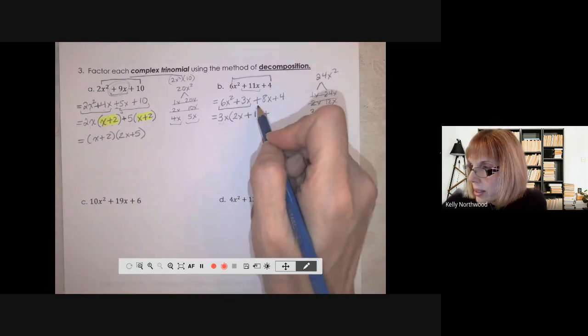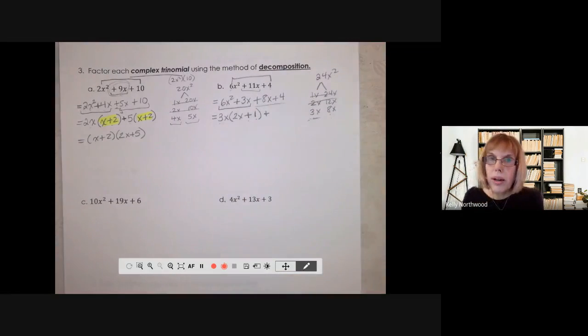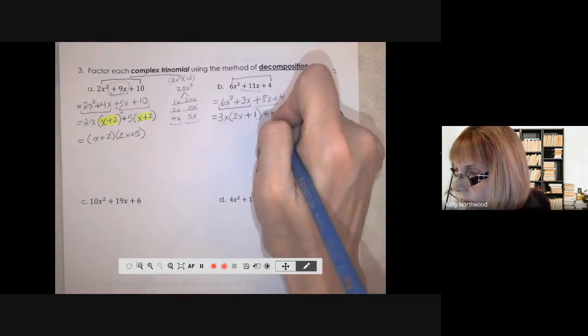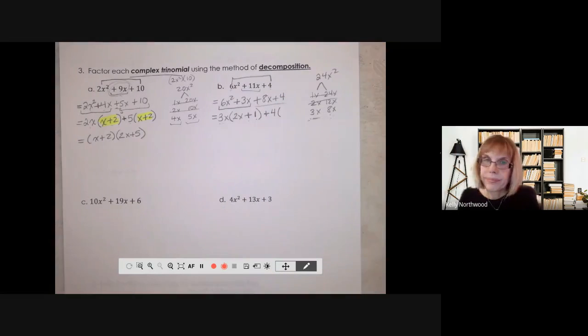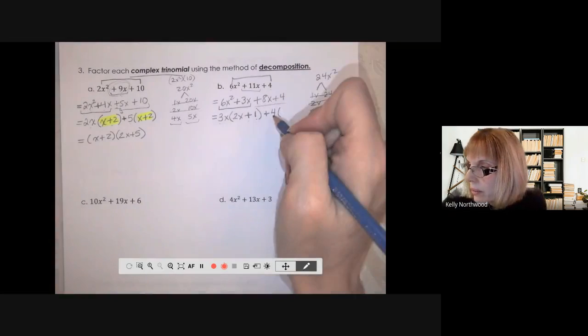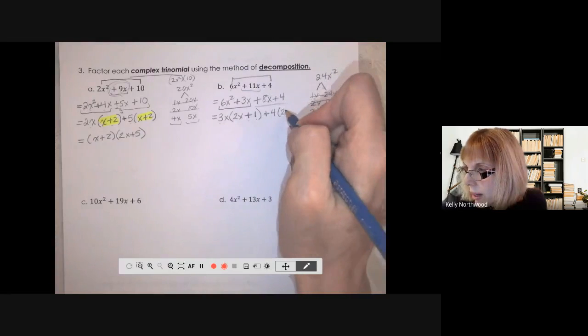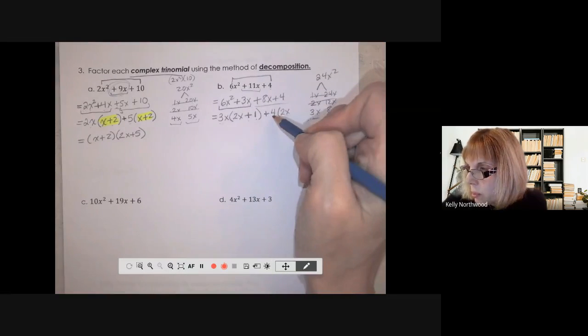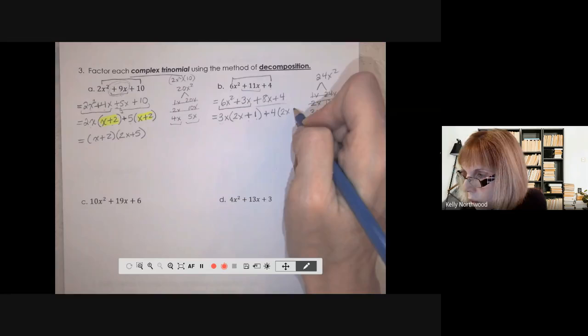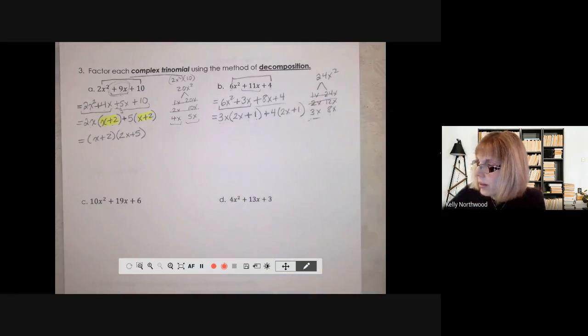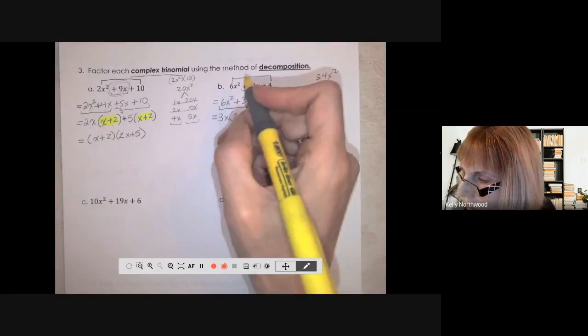And then you're looking at what's in common with 8x and 4. 4 is in common. What do you multiply 4 by to get 8x? 2x. What do you multiply 4 by to get 4? 1. And then here's where, if you did everything right, you get a common binomial.